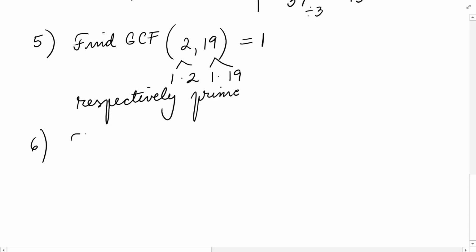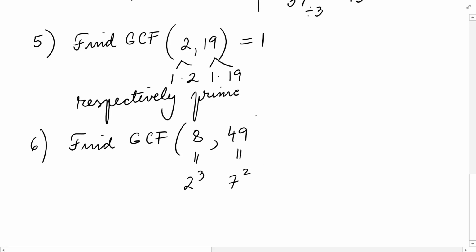prime. And I can show you one more example where we want to find the greatest common factor of, let's say 8. 8 is not a prime number, that's 2 to the third. And 49, for example, which is not a prime number, it's 7 to the second. But they don't have a common factor except 1, right?